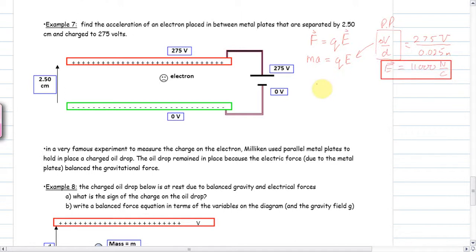So we're now going to take a look at the acceleration. Acceleration is QE all over m. The charge of the electron is 1.6 times 10 to the negative 19th coulombs, E is 11,000 newtons per coulomb, and the mass of the electron is 9.11 times 10 to the negative 31st.